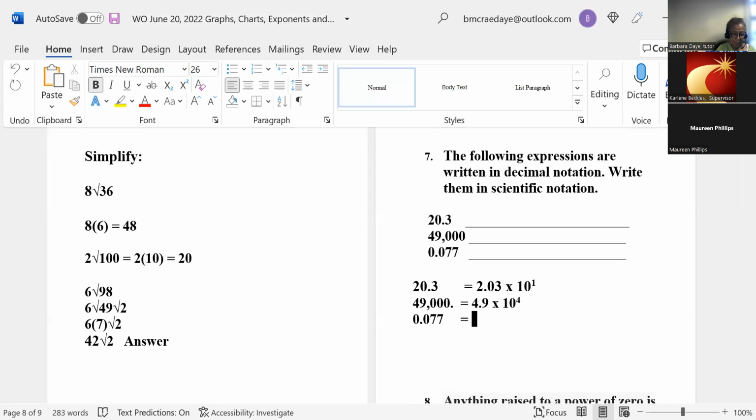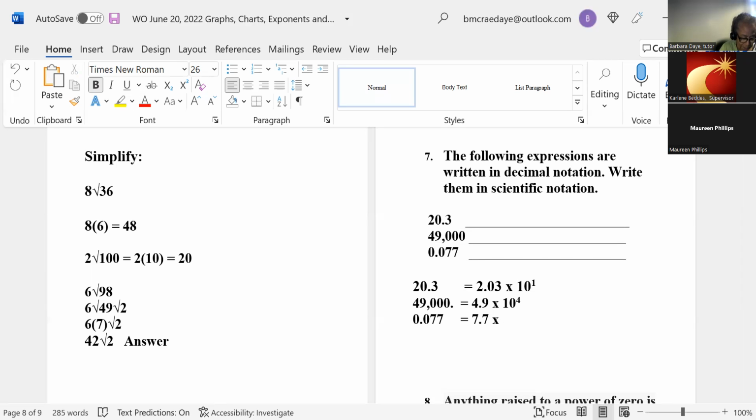So if I move it to the right, where would the decimal point be now? It's right here, in front of the 7? Which 7? There are two sevens. In between the 7s. That's right. Very good. In between the 7s, so that's 7.7.